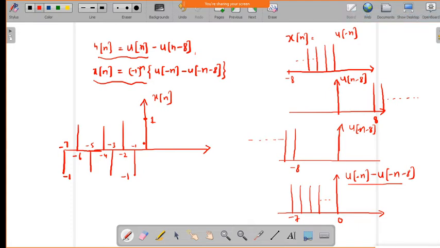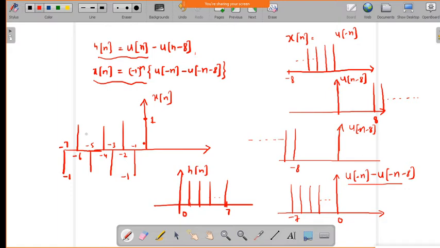If you subtract u of n minus u of n minus 8, you will get 7 samples. If you plot h of n, you will get the values from 0 to 7, with amplitude values of 1. So this is your h of n.